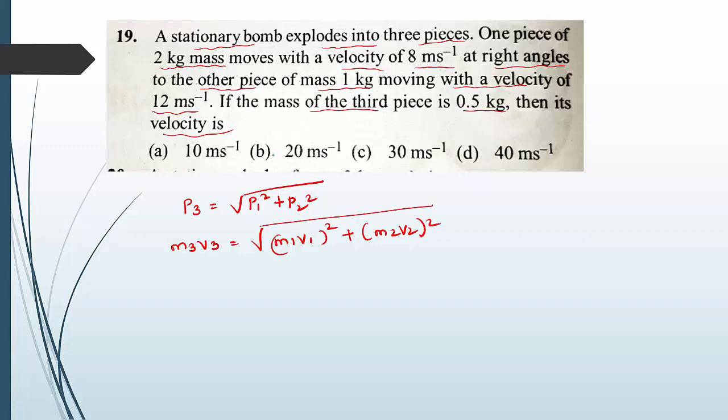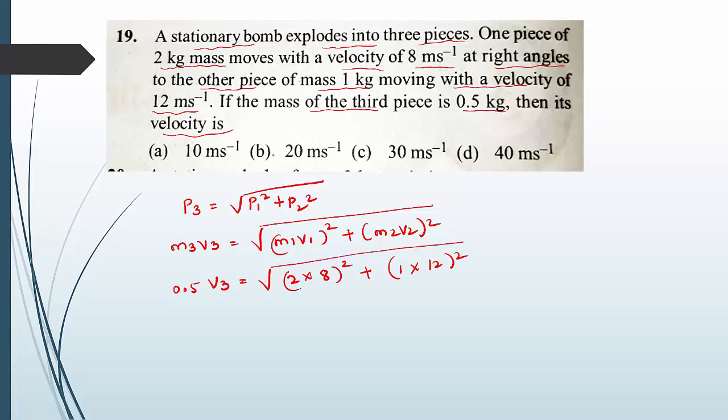Substitute their values, you will get the answer. Mass of the third piece is 0.5, V3 keep as it is. Mass of the first part is 2 and its velocity is 8, squared, plus the second exploded part, mass is 1 into its velocity 12, squared.